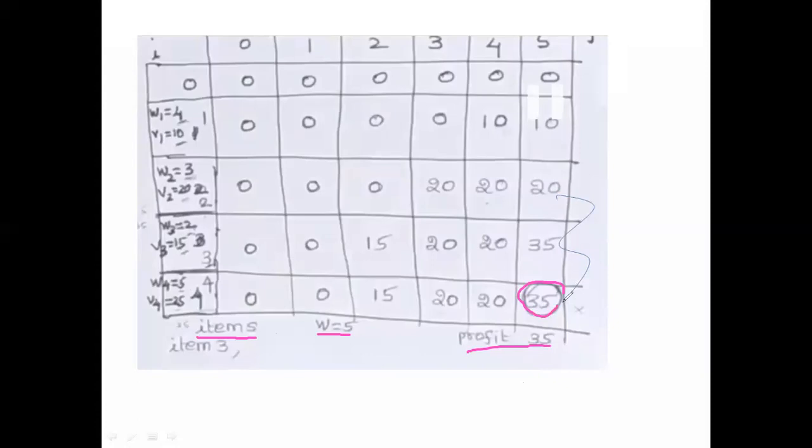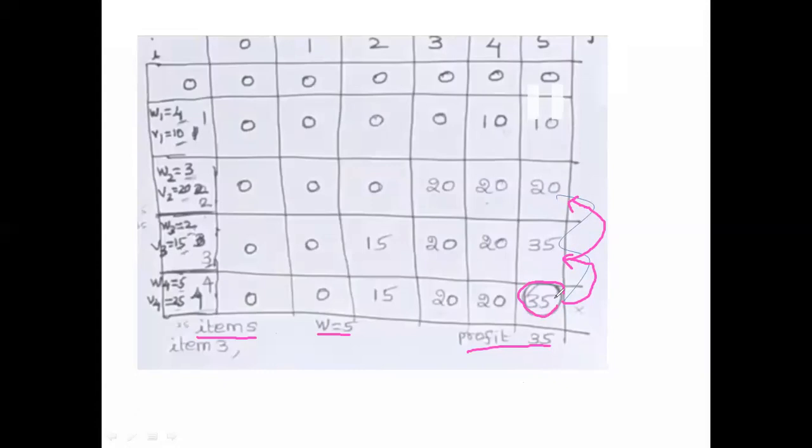So for that maximum profit, we compare to the previous row value. So this is also 35. Now this 35 is also compared with the previous row, 20. But 20 is not equal to 35.